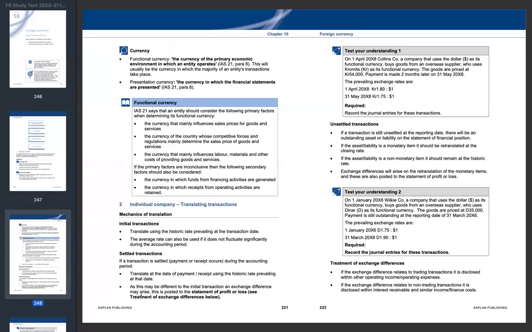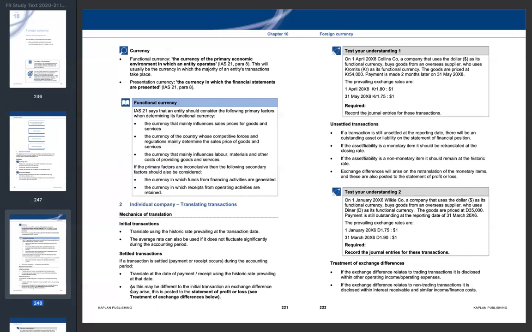So I am purchasing the commodity and also clearing the settlement before the end of the accounting period. So the transaction in total is settled. There is nothing left for the next accounting period. Then translate at the date of payment or receipt using the historic rate.